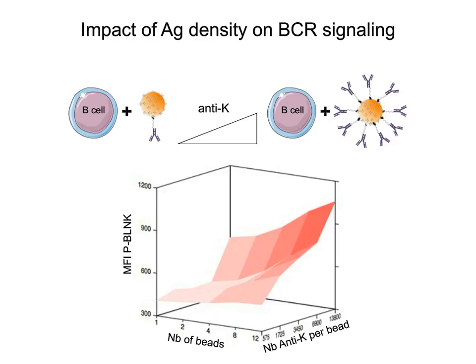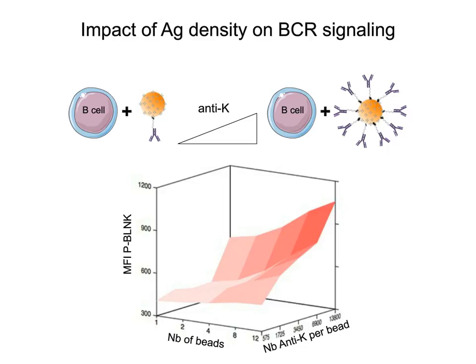And the same is also true for the same number of beads. If you increase the number of anti-kappa per bead, you also increase the level of BCR signaling. Now, this is very important because what I'm telling you here is that we have a tool that allows us to deliver different amounts of BCR signaling for the same amount of antigen inside the B cells.